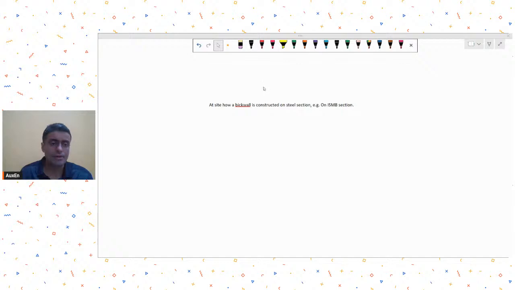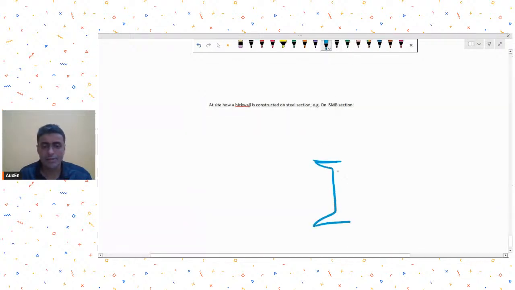Whatever brick wall you want to construct, you can construct just by putting it on top of your ISMB flange. Just one thing you need to understand. So, let's say this is my ISMB flange. You just put a brick wall on top of this.